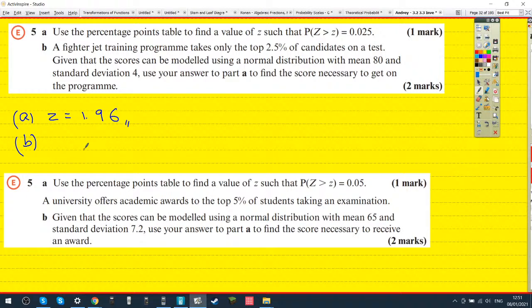So if we restructure, should it be like capital Z is greater than 1.96? So wait, is all the information I need that?